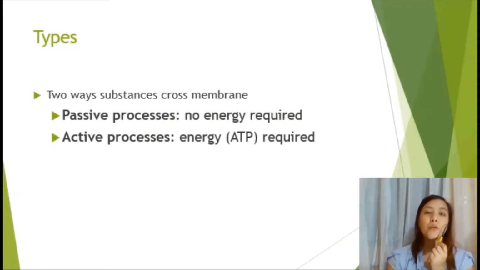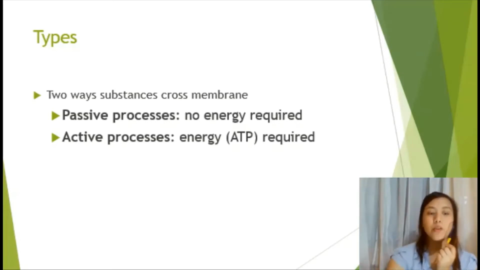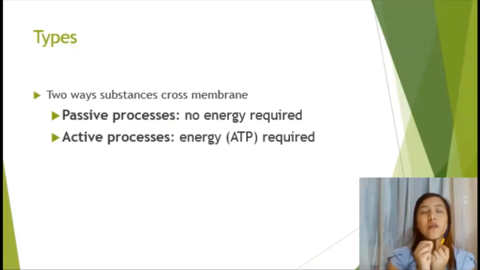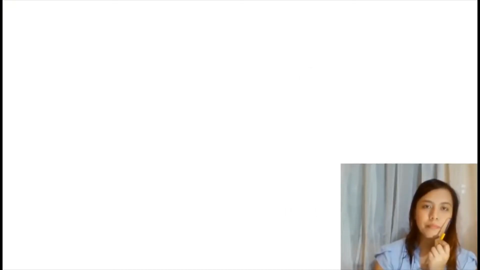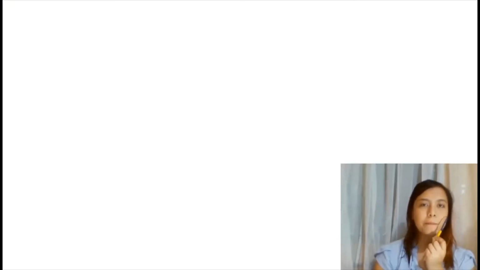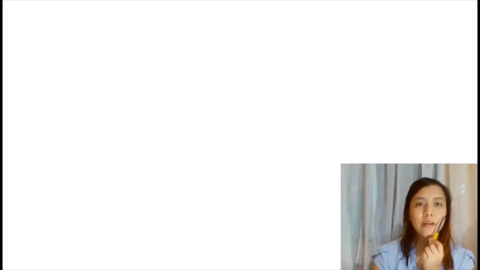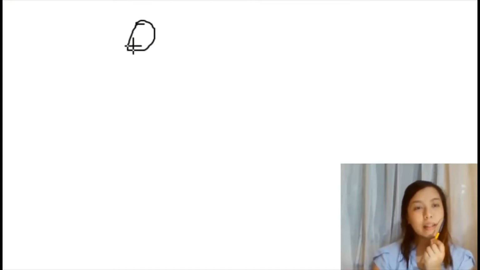Okay, so take note. Usually, in your passive process, the concentration gradient of your chemicals is going downhill. So you have to imagine a ball. So let's write. In your passive transport, you have to imagine that you have a ball. So here, I am going to draw a ball. My God, I can't really draw. So it is going downhill.